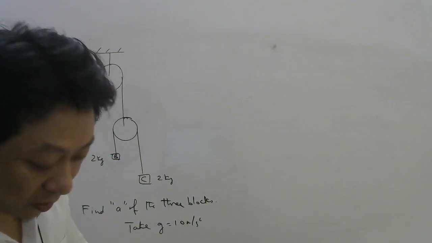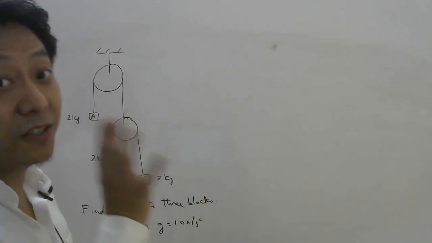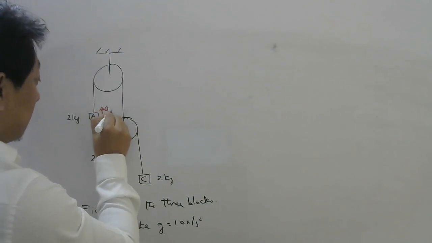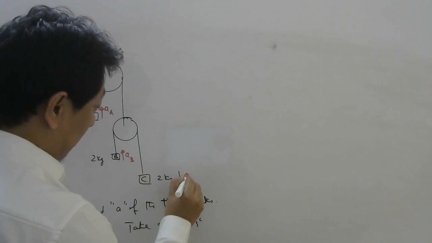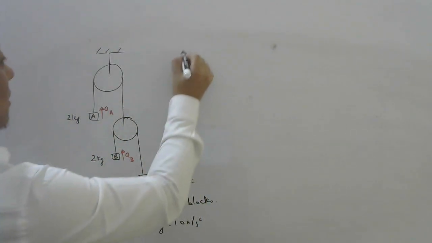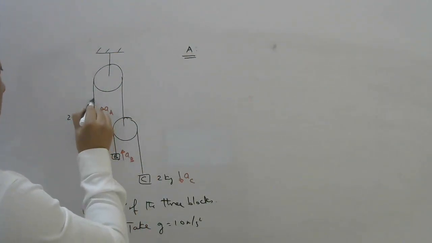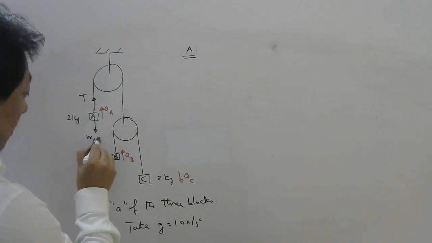So the first thing we have to do is assume the direction of acceleration of the three blocks. So let me assume A has acceleration up, B let us assume up, and C I will assume down. Just blindly I have assumed. Okay, now let's apply Newton's second law to block A. So here let me assume tension is T, and here the gravitational force, which is weight, mg.